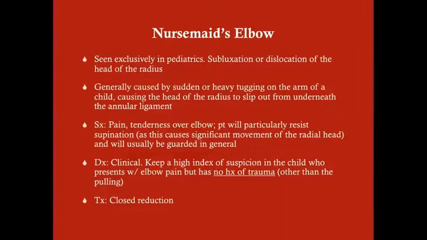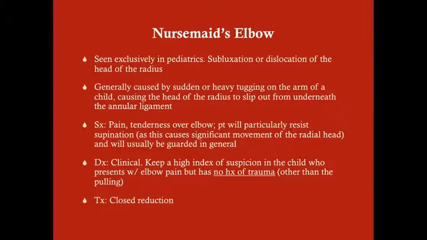Now, the kid will usually be able to move their arm. They may resist because they're in pain, but the one motion that they will definitely resist, and that they'll be in pain in if you try to move their arm in that direction, is supination. So moving the hand, if you're holding your hand with your palm facing down, moving the hand so the palm's facing up.